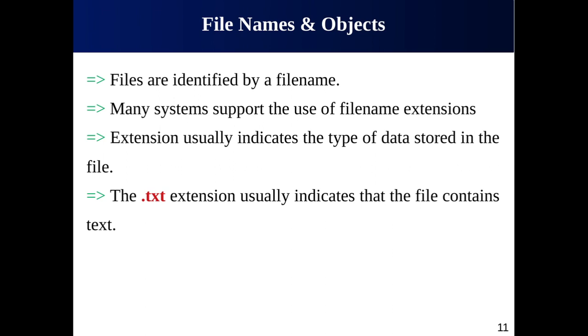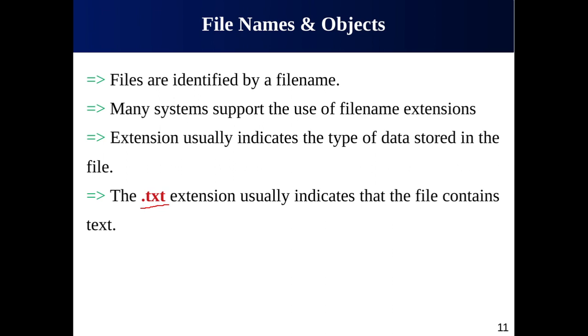Similarly, the extension of an image file could be JPG, JPEG, BMP, EPS, TTF, etc. In a similar way, text files have the extension .txt, which stands for text. In a similar way, doc stands for document.